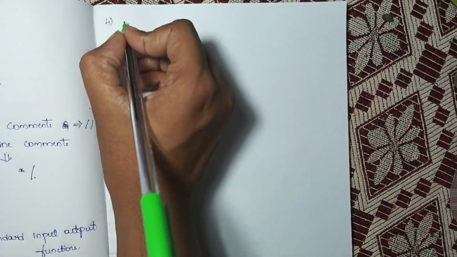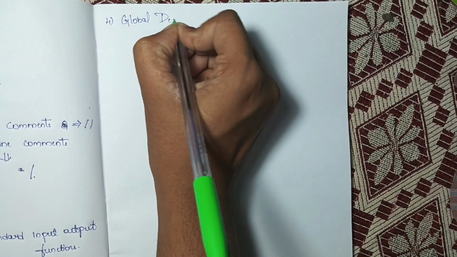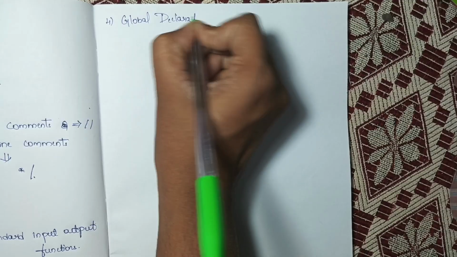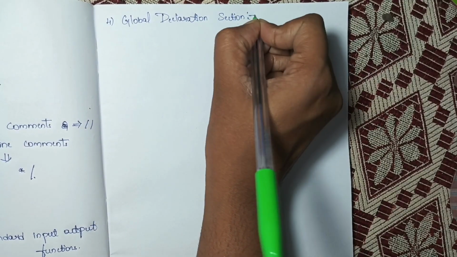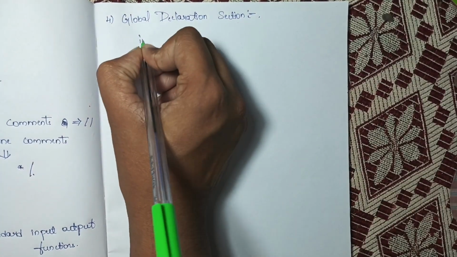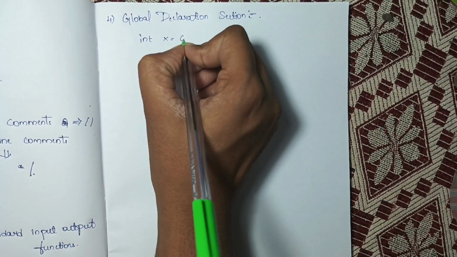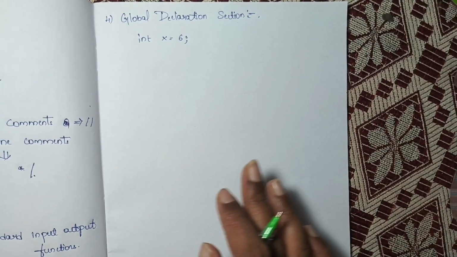Next, in the next section, we have global declaration section. If we declare any variable, for example, int x = 6, I have declared this variable above the main function.